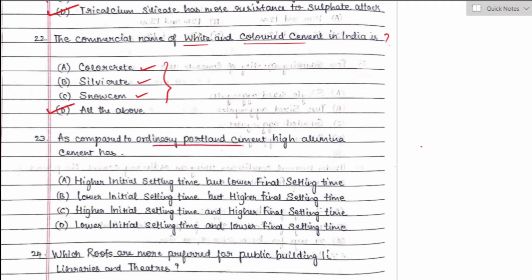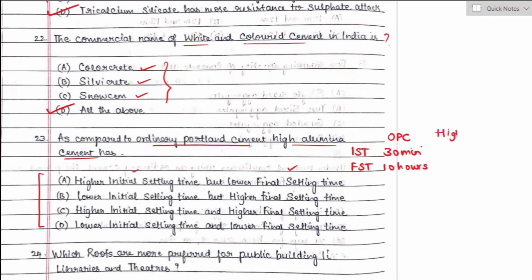Question number 23. As compared to ordinary Portland cement, high alumina cement has. In these given options, it is the property regarding the initial setting time and final setting time. For ordinary Portland cement, initial setting time will be 30 minutes and final setting time will be 10 hours.